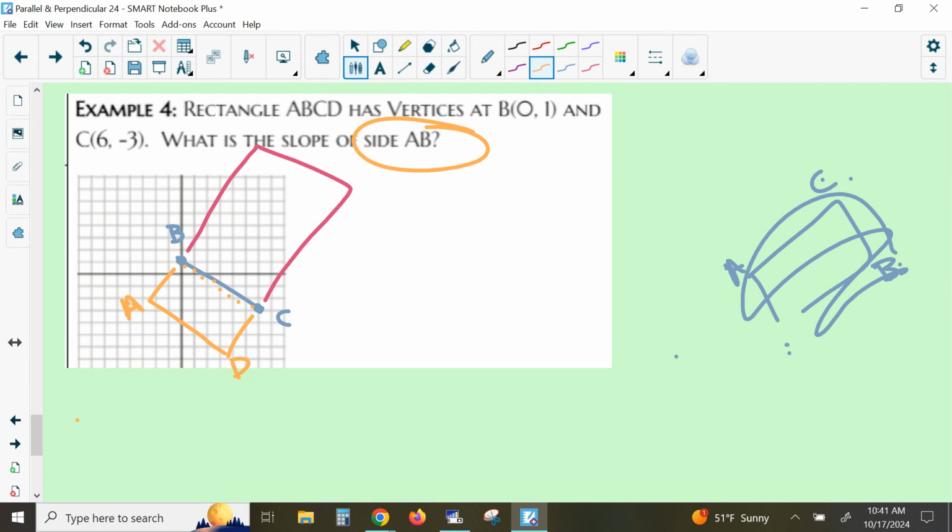Now, we want to know the slope of side AB. I'm going to do that one in green. AB is right here. We want to know the slope of this guy. Now, we don't know how big he is, so we really don't know his rise and run. But we do know something about the gray side. What's the slope of the gray side?